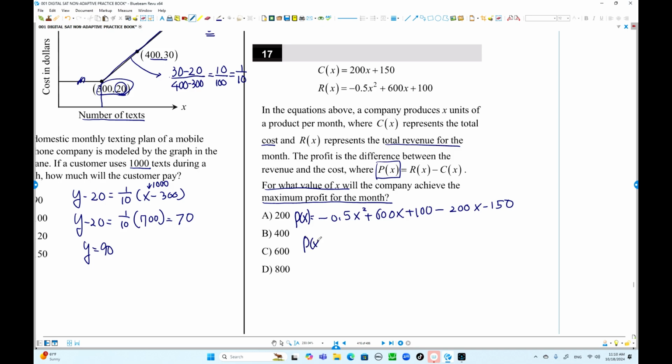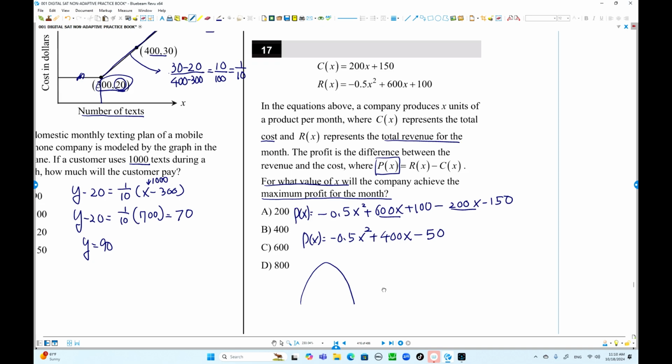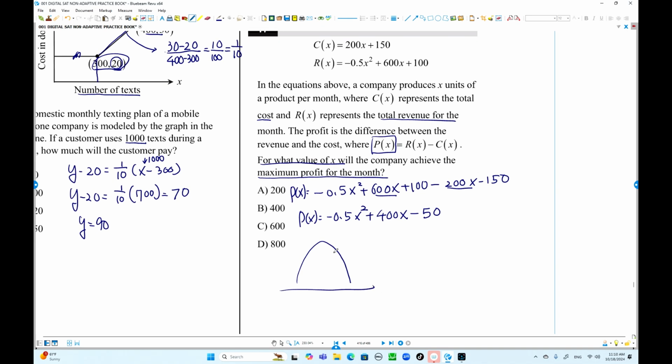P(x) equals negative 0.5x squared, 600 minus 200 gives plus 400x, and minus 50. That's the equation. This looks like this, right? To have a maximum profit, it happens on this axis of symmetry. So we're going to find the x of symmetry, okay?